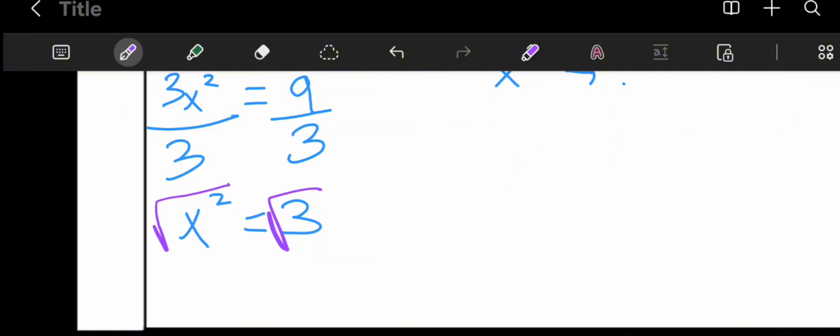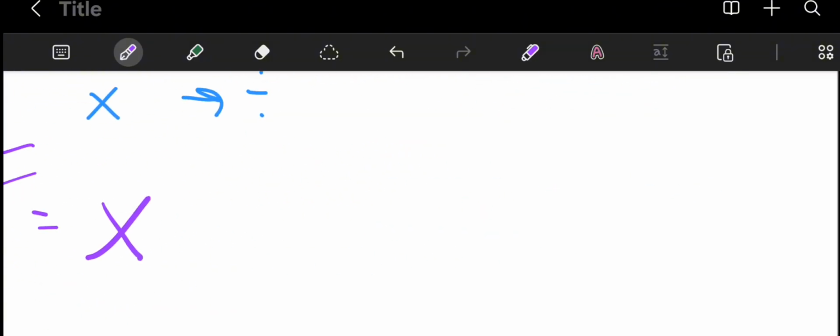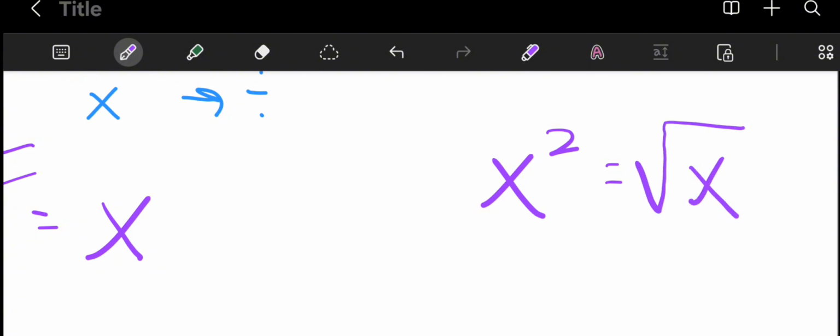Okay, so when we square root something that's being squared, it literally cancels this whole thing out, which makes it just x, right? Because the inverse of squaring is the same thing as square rooting.